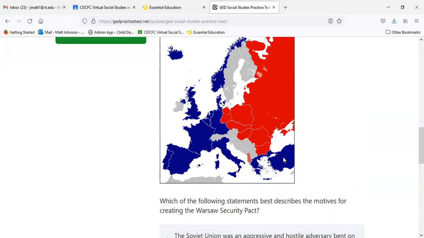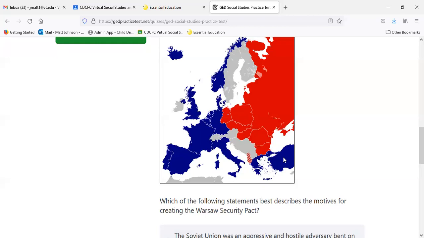So as a response, the Warsaw Pact was sort of the same idea. The Soviet Union kind of felt threatened by this collective defense agreement. Might I add, Putin today is very concerned about NATO. And one of the reasons that he probably attacked Ukraine was to prevent Ukraine from joining NATO.